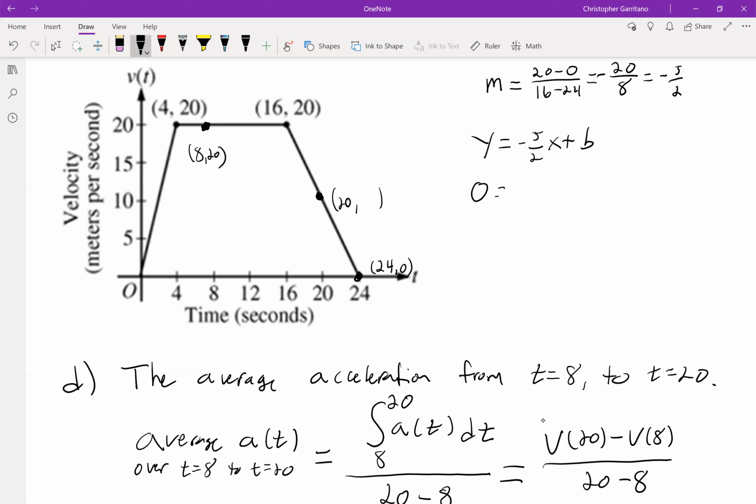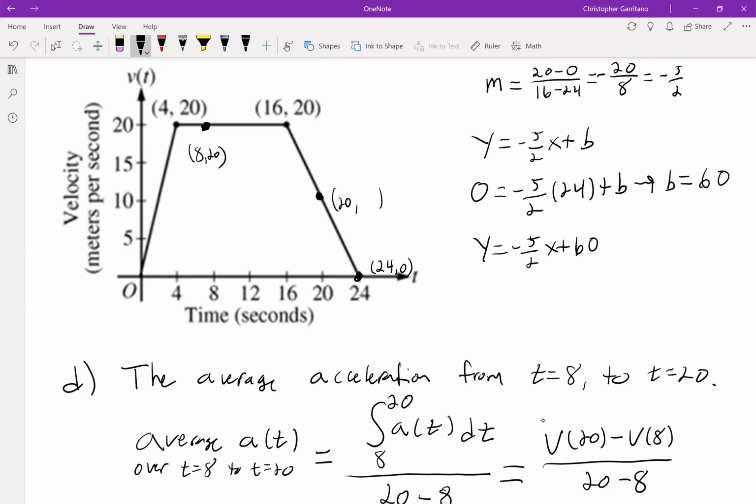So 0 is equal to negative 5 over 2 times 24 plus b. This leads to b equals 60. And so the equation of the line is y equals negative 5 over 2 x plus 60.